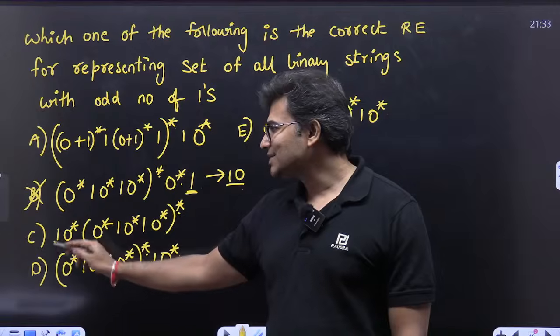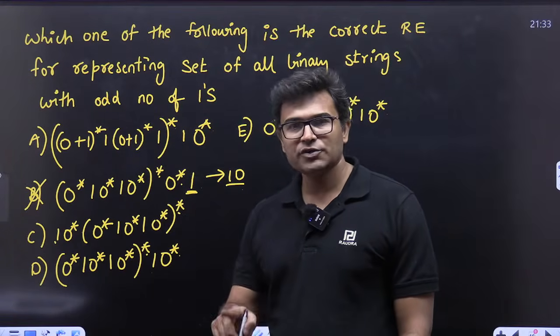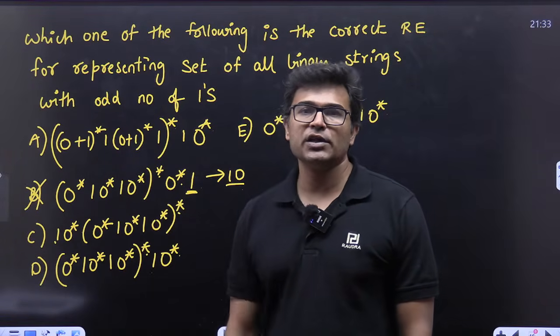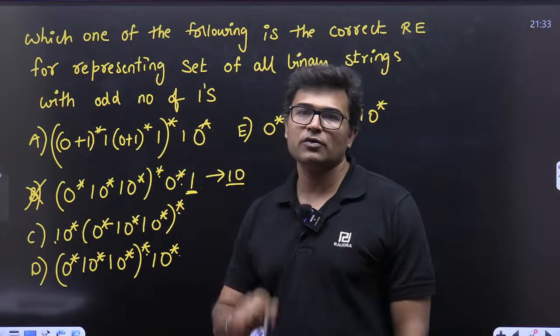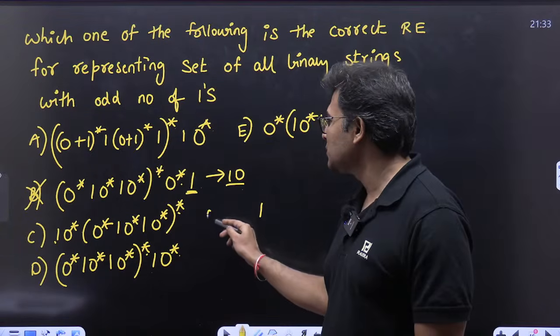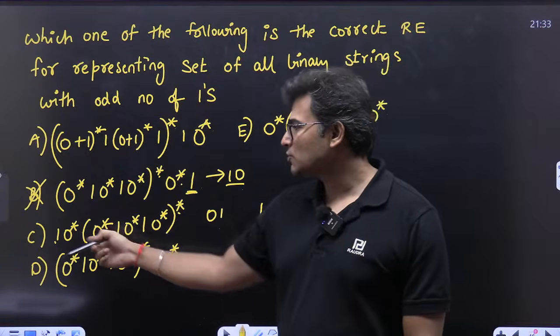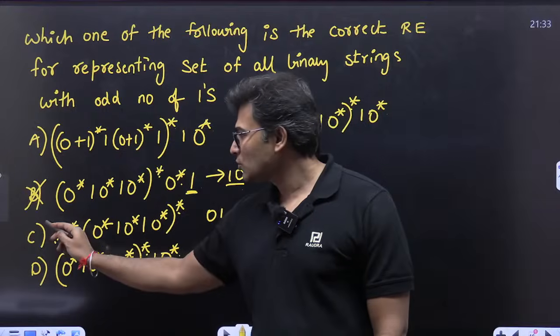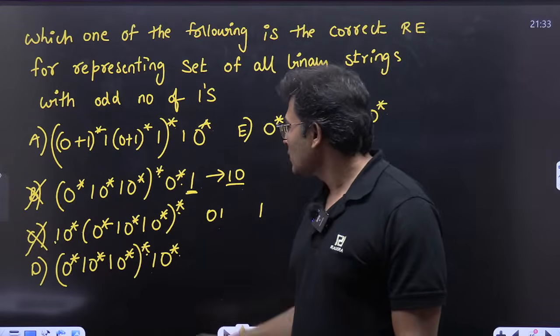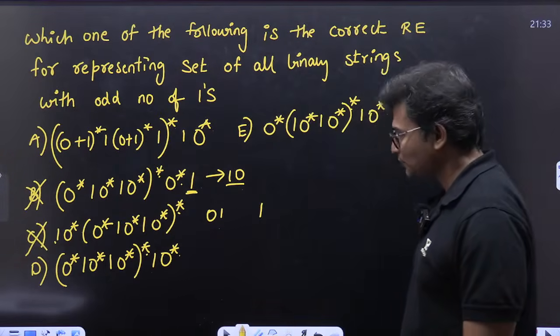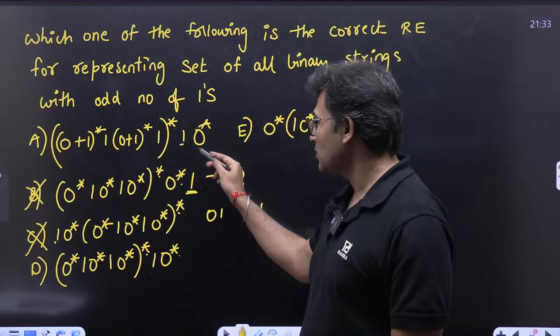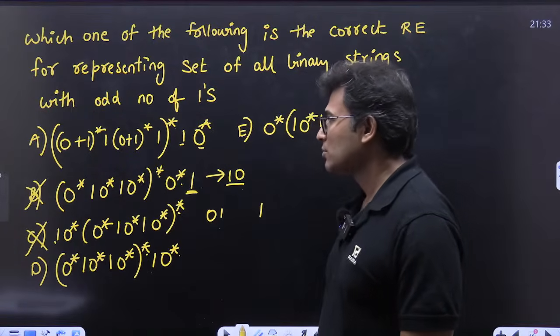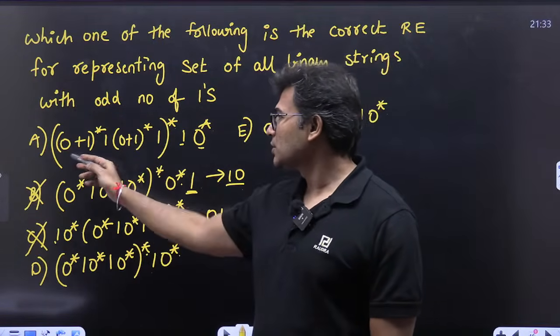Now if you see C, it is always starting with 1. There is no rule that odd number of ones should always start with a 1. I can start with 0. 0 1 is not generated here. So you can eliminate this. Now look at the others. It may end with 1 or end with 0, and it may start with 1 or 0.